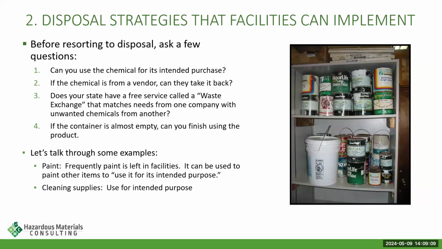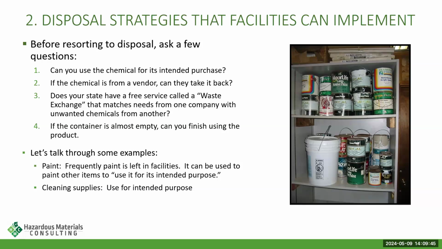Before resorting to disposal, as you're going through your facilities and the chemicals that you use, and you're identifying things that you want to get rid of, before it goes in the disposal pile, especially if it's been partially used, I'd like you to ask yourself, can you just use up this chemical for its intended purpose? If you've got a bunch of stain or varnish, it is designed and created as a product to seal fences and boards and decks.